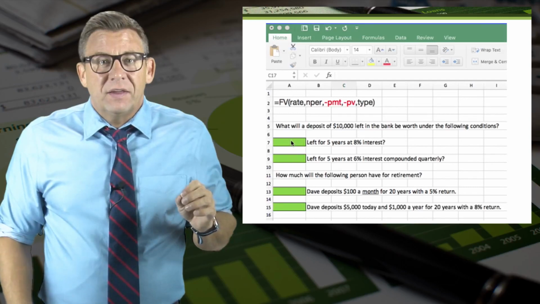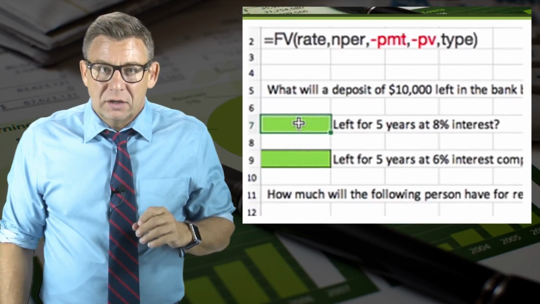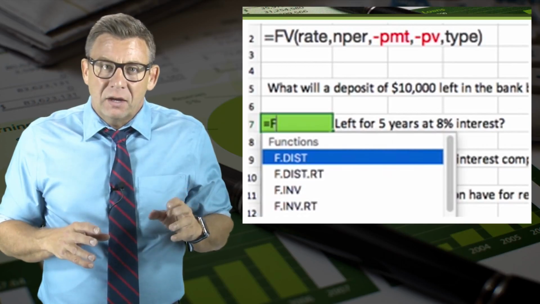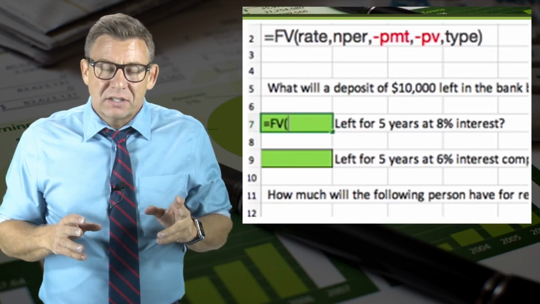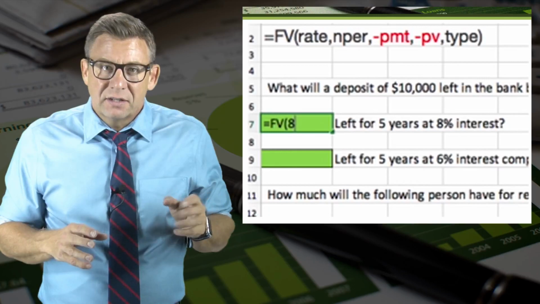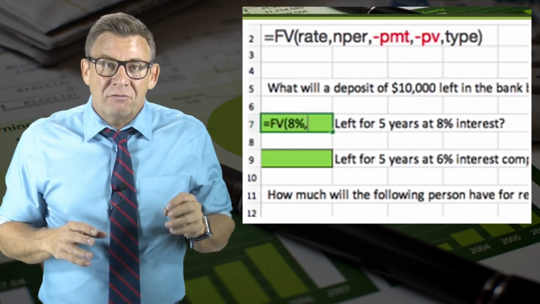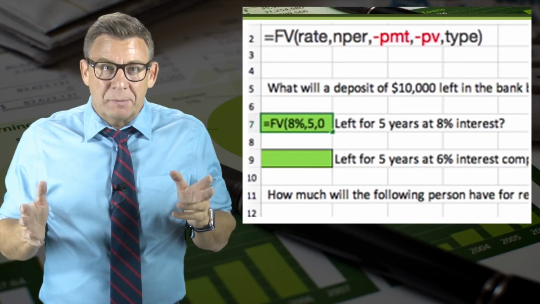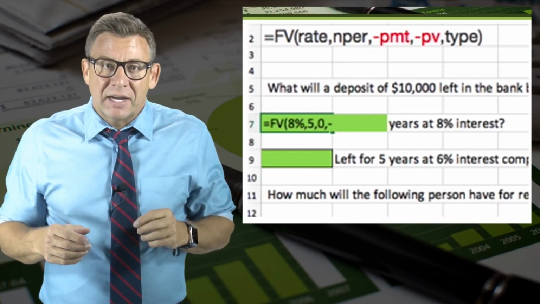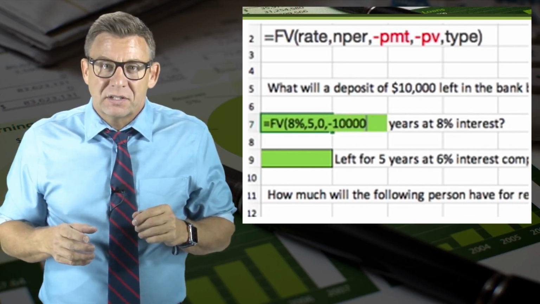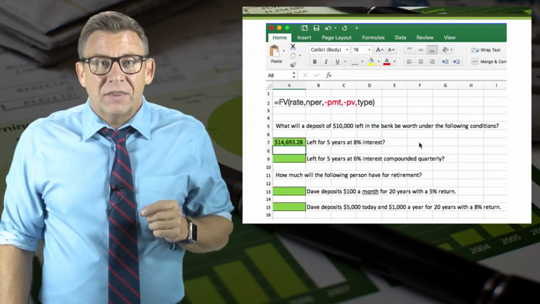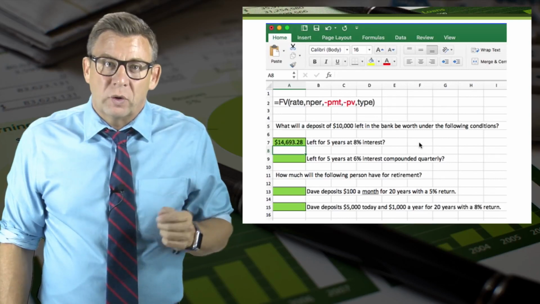So using the future value formula, I enter equals FV, open parentheses, 8%, comma, 5, comma, 0, because there's no regular payment, and minus 10,000, close parentheses. And this returns a future value of $14,693.28.